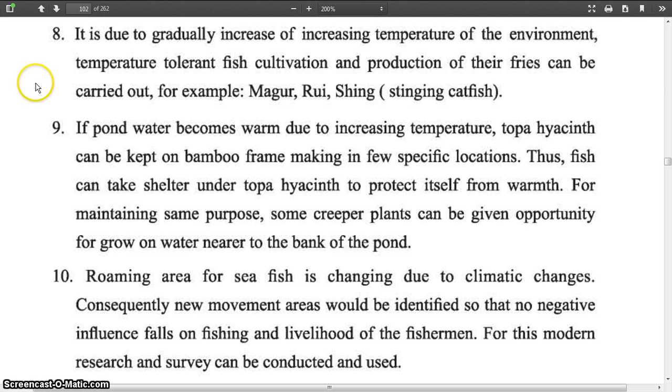Thus, fish can take shelter under topa hyacinth to protect itself from warmth. For the same purpose, some creeper plants can be given the opportunity to grow on water nearer to the bank of the pond.